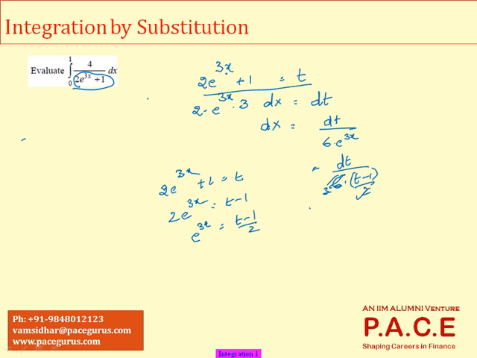Right? So what has happened here? The whole thing, let me just take the indefinite part first. What is the dx here? dt by 3 into (t minus 1). And what about the 2 into e power 3x plus 1? That is equal to t.